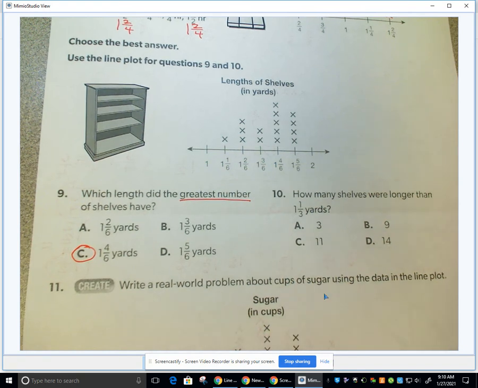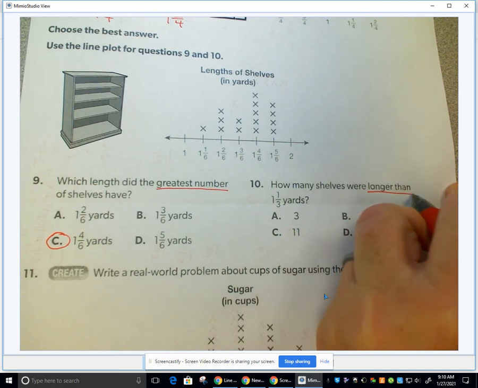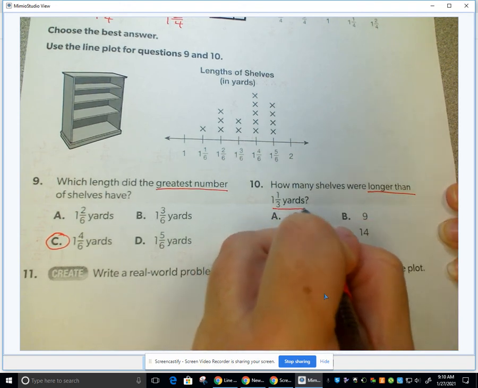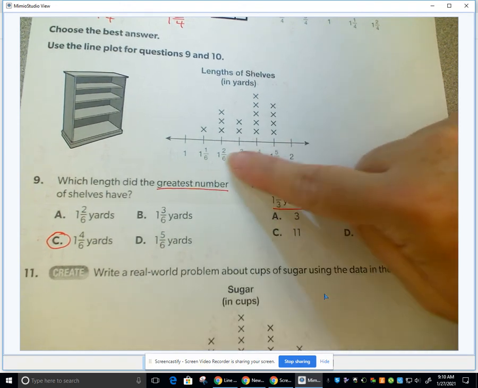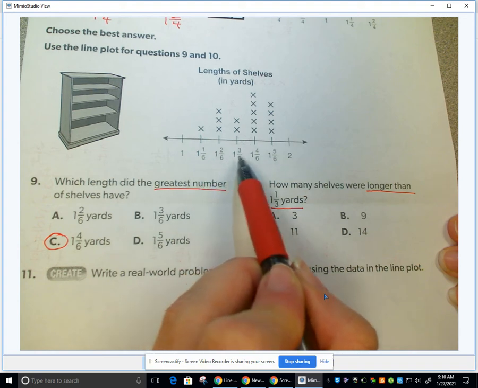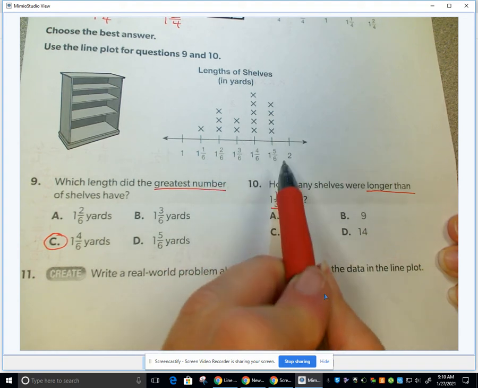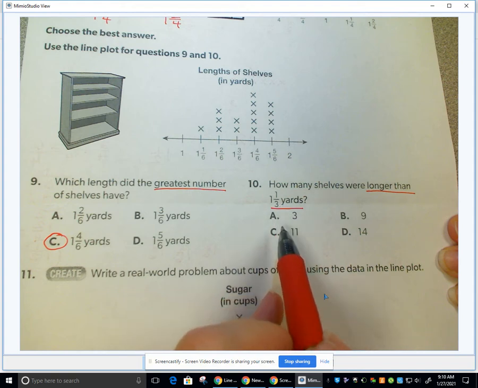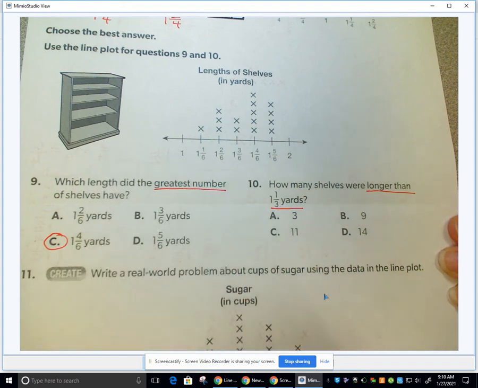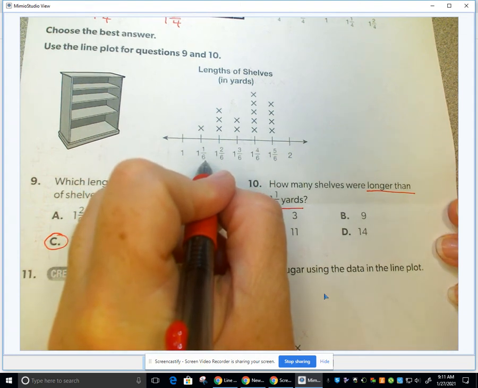All right, coming over to number 10. It says, how many shelves were longer than 1 1/3? Well, now if I look up here, I don't see 1 1/3. So that means I've got to put these in simplest form to find out which fraction equaled 1 1/3. 1 1/6 we know is already in simplest form.